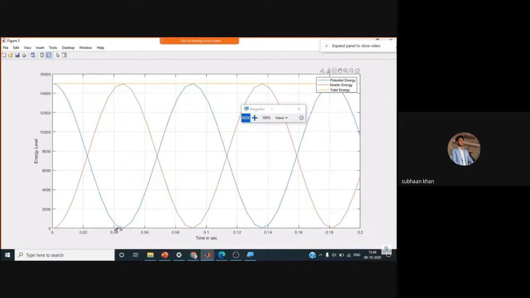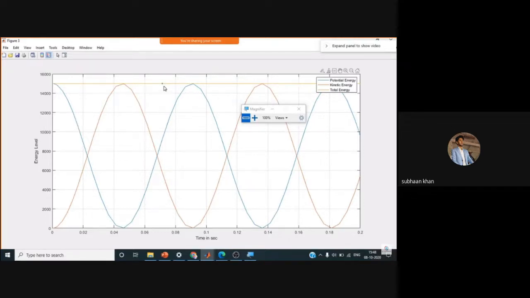So an exchange from potential to kinetic energy happens continuously whenever you have vibrations. Total energy obviously remains constant, it should remain constant.